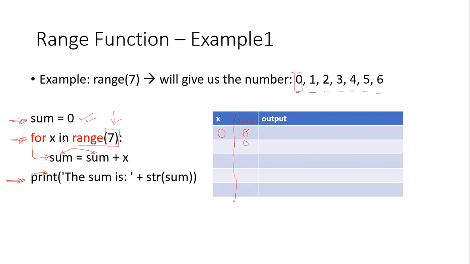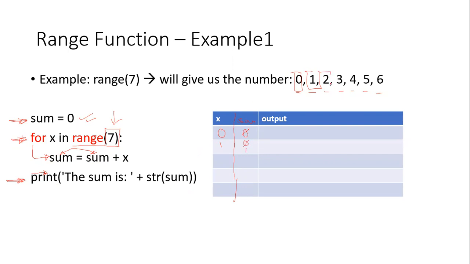So I go back up, and now X takes on the value 1. I come inside of the loop. Sum equals sum, which is 0, plus X, which is 1. So 0 plus 1 gives me 1, and that result is stored back into sum. So sum now has the value 1.